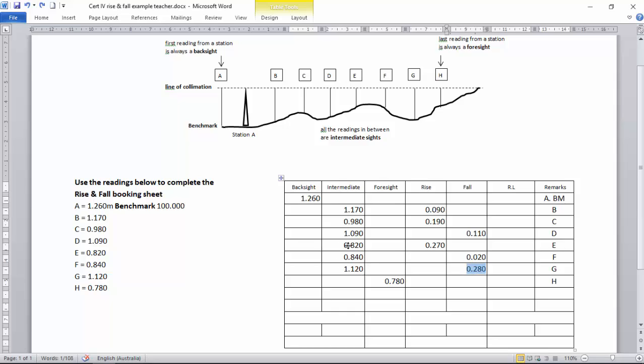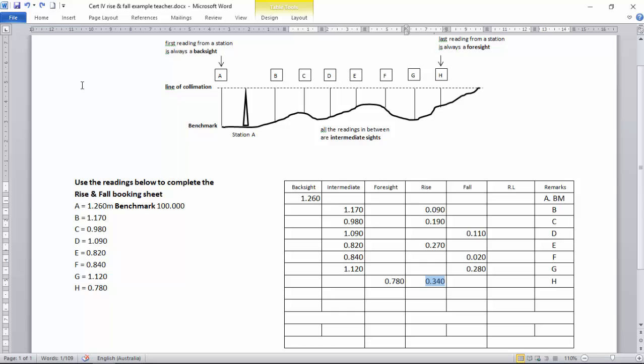So we've entered that correctly in our booking sheet. And then we've got our final one of H. It's a rise of 340 mil. So we can see from 1120 to 780 is a rise of 340 mil. We can see that it's got closer to our line of collimation there.